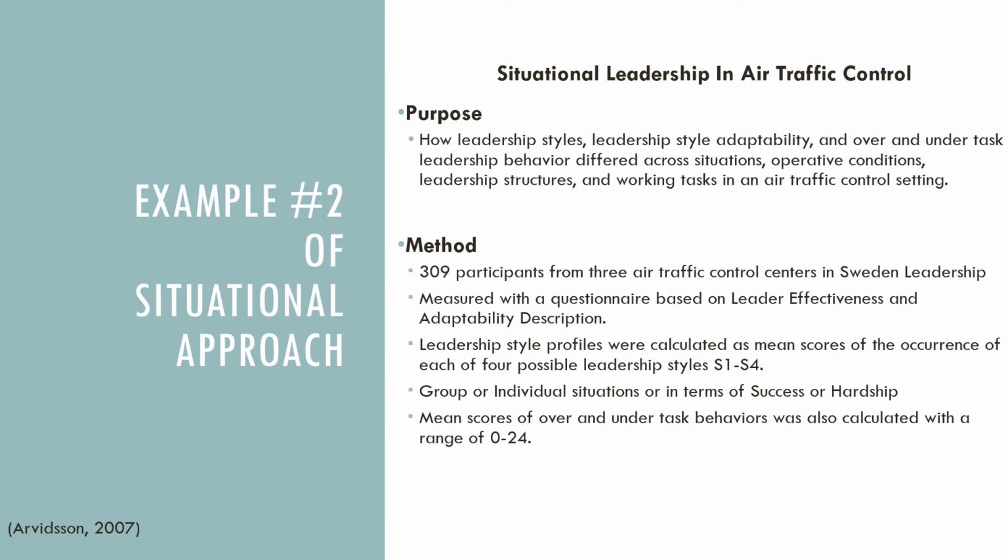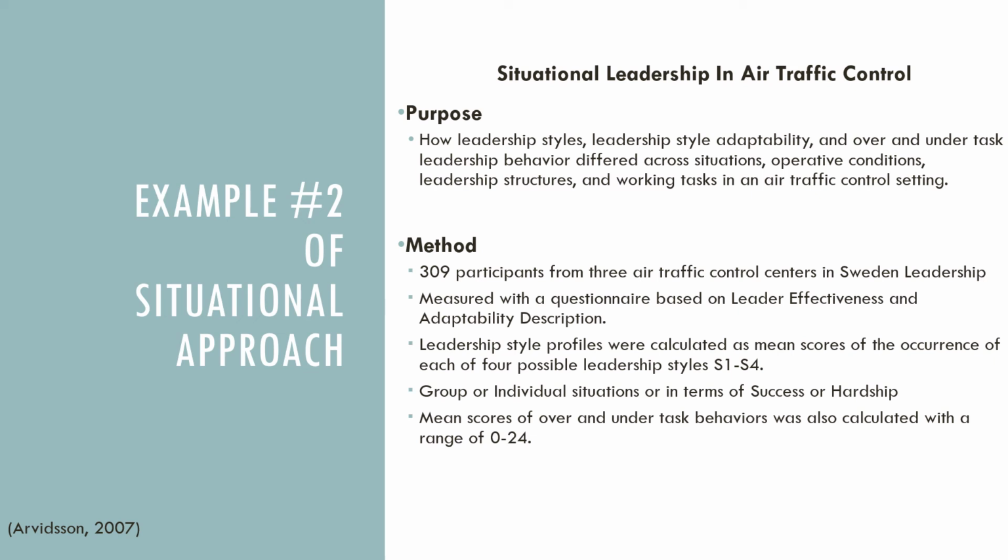Leadership data was also calculated as a mean score with respect to the leadership style adaptability for each situation and study location. So for each study location and situation, the questionnaire data was further calculated as a mean score, which concerned the over and under task behavior.